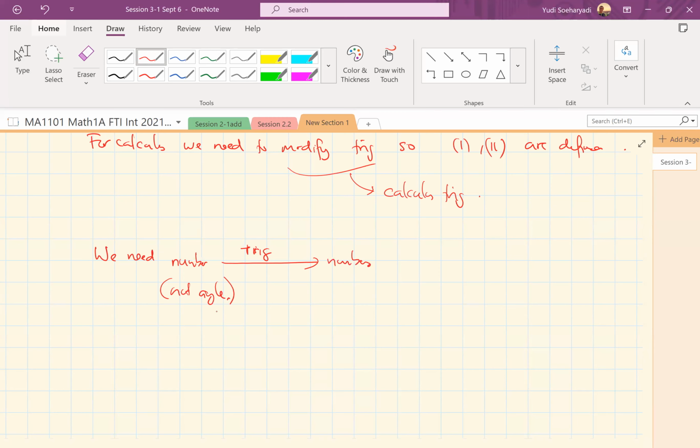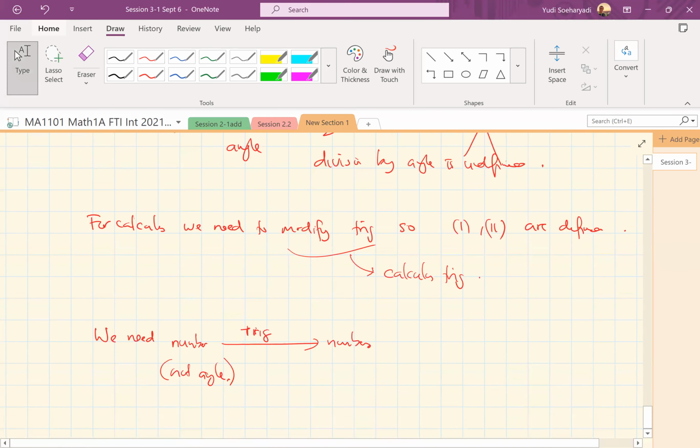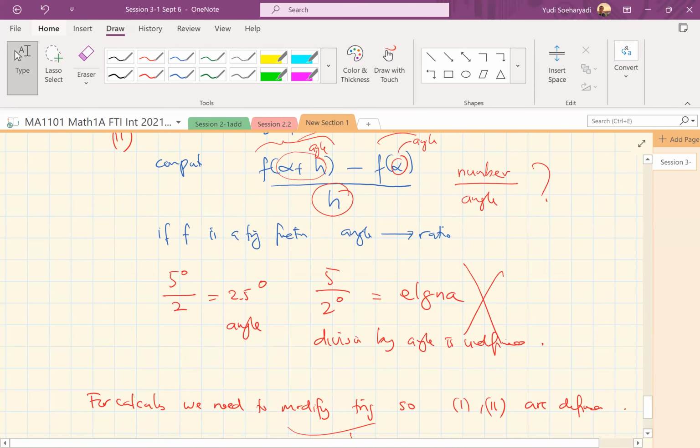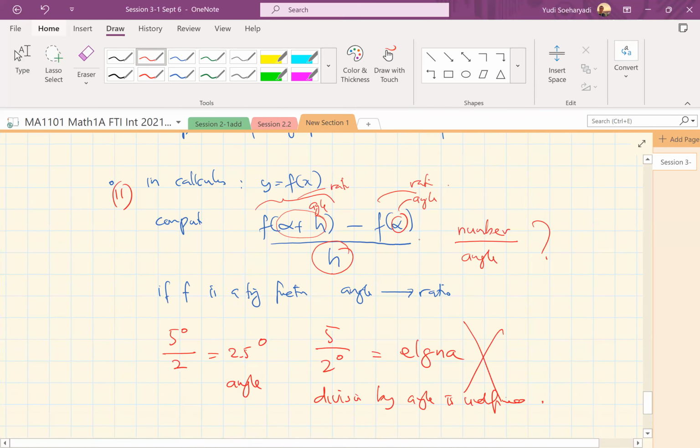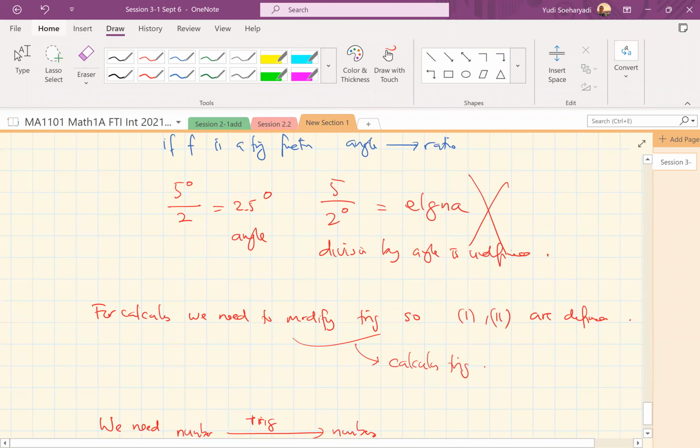This also will help us in computing these quantities. If alpha is a number and h is a number, apply trig functions and you get numbers also. So this is a difference of numbers divided by numbers, so this will be defined.